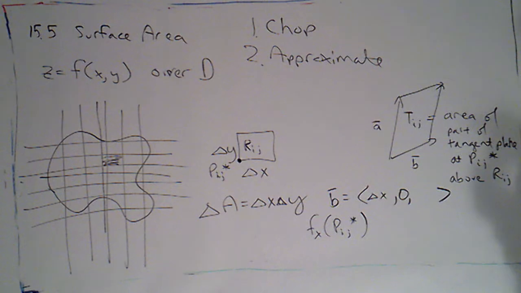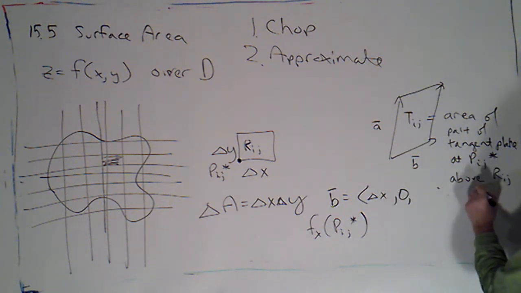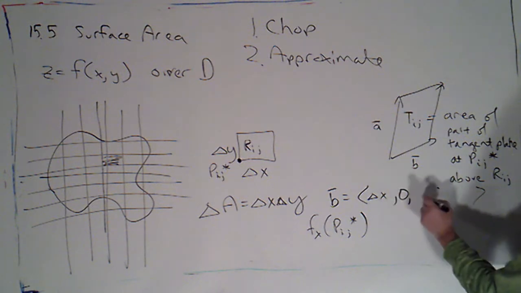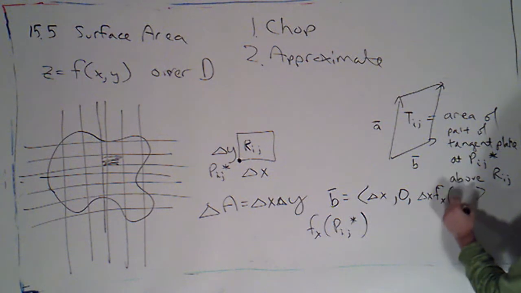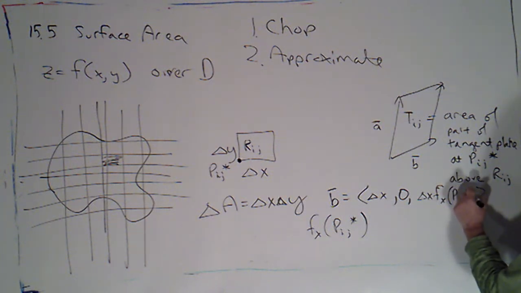It corresponds to the amount that z would change if we let x change by a distance of 1 unit. We're not letting x change by a distance of 1 unit, so the amount that z will change will just be delta x times f sub x at Pij star.